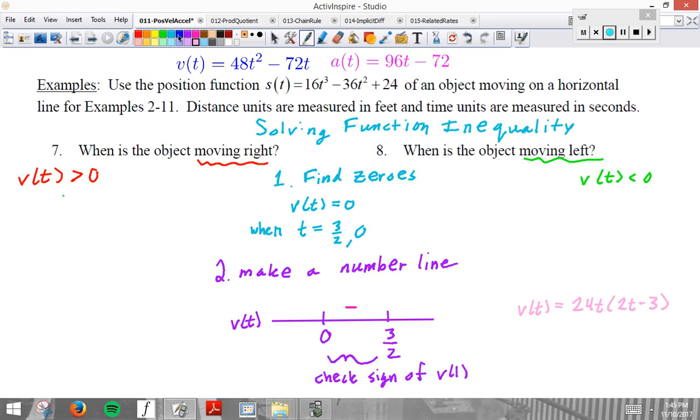Over here, we're going to try a value greater than 3/2. The easiest thing to check that's greater than 3/2 is 2. Now, usually it's easier to use the factored version, and this is why. Plugging in 2 here can be quite messy. The student has to think about what 2 squared is, or 4 times 48 is some large number, and 2 times 72 is another large number.